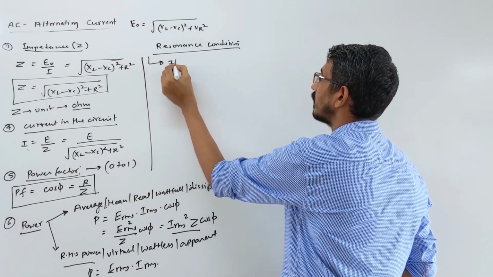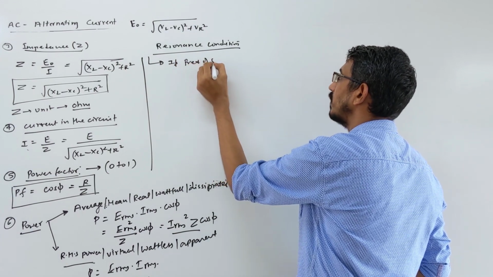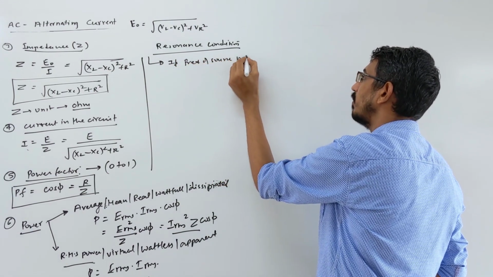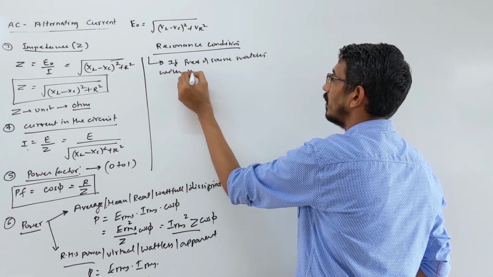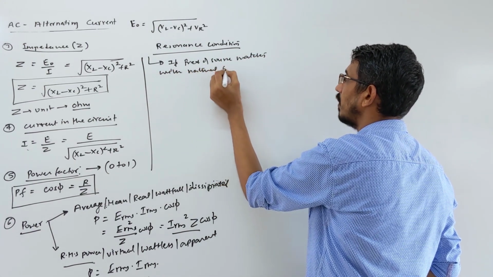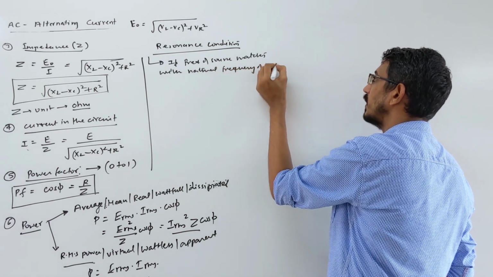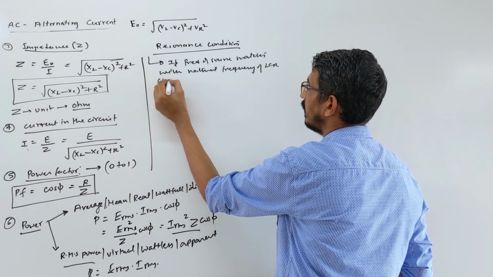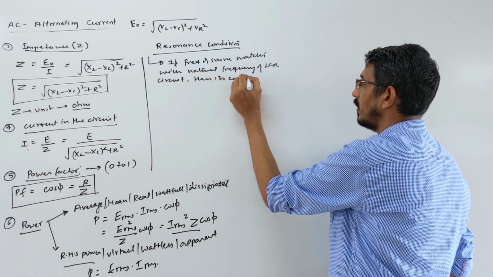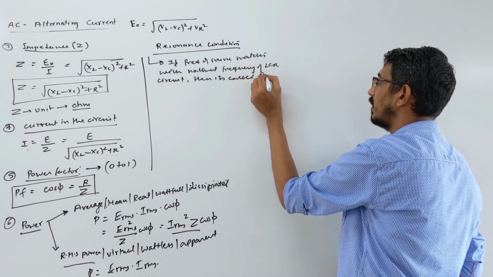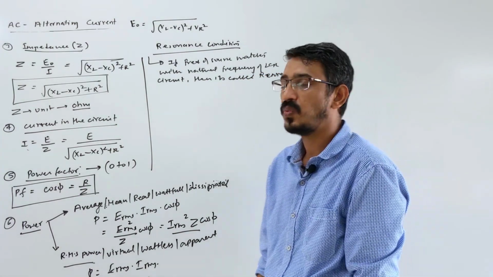If the frequency of the source matches with the natural frequency of the LCR circuit, then it's called resonance. The circuit is called in resonance.